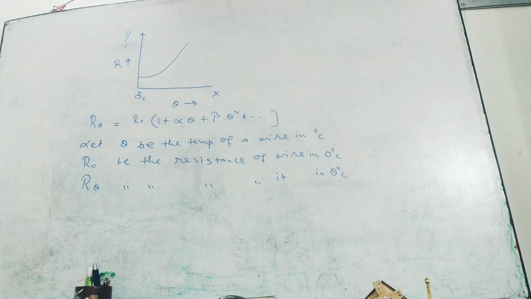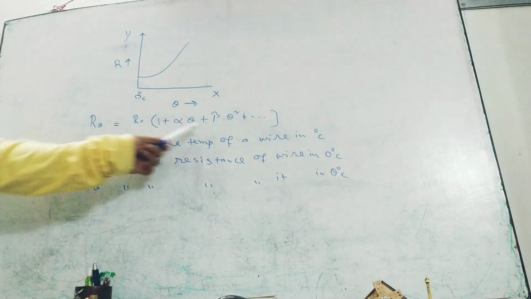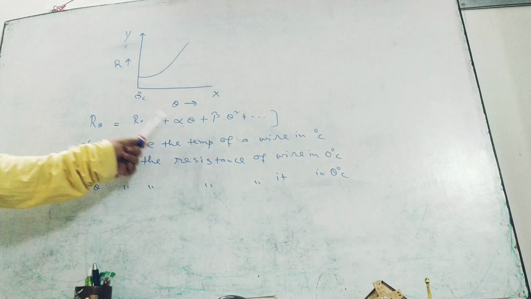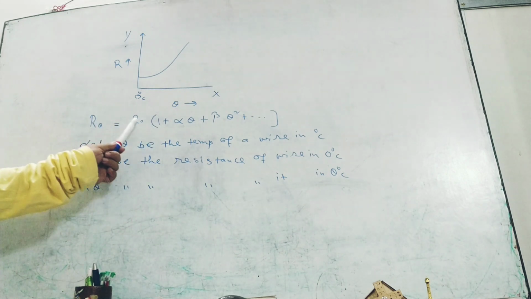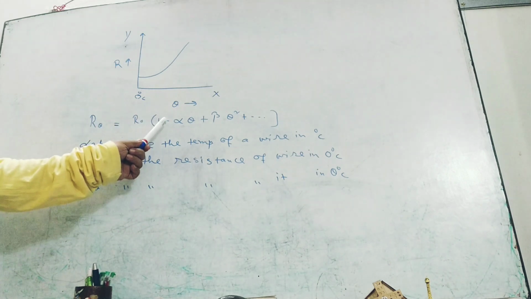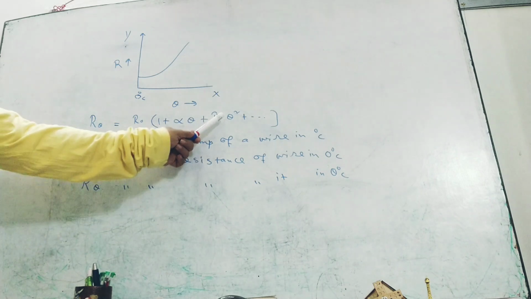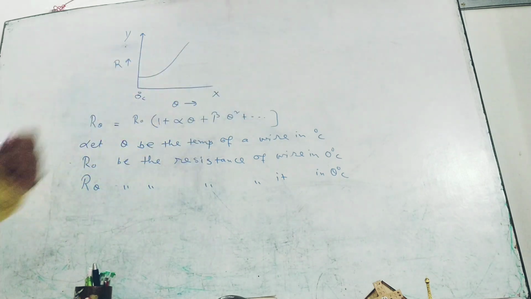Therefore, the relation between R theta and R0 is R theta is equal to R0 into 1 plus alpha theta plus beta theta square plus so on.